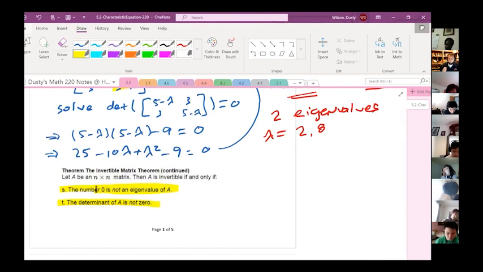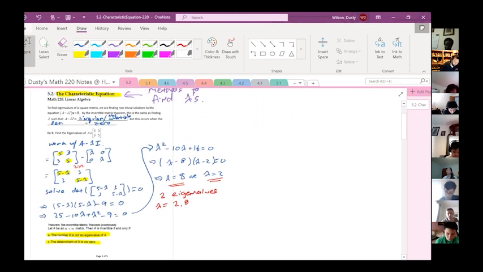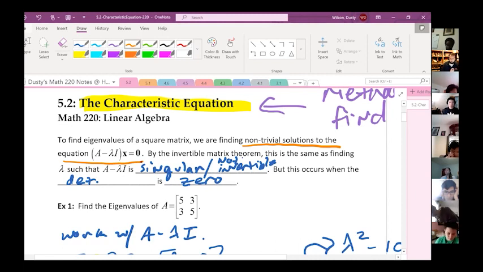Evan asked, how do we assume it's not invertible? Let me go back. So remember, if you think about the eigenvalues and eigenvectors, you're only going to have an eigenvector if you have a non-trivial solution to the equation A minus lambda I times x equals 0.